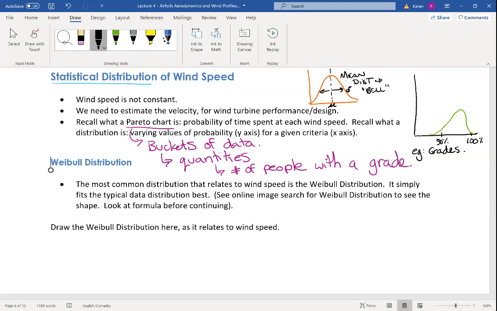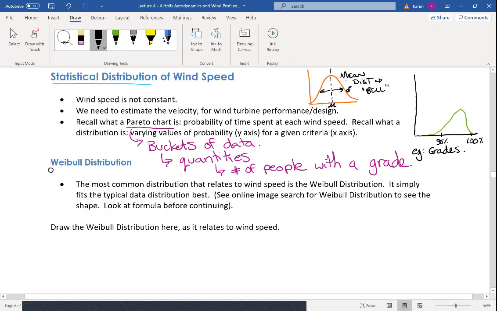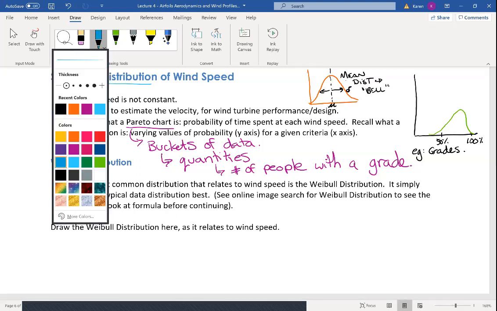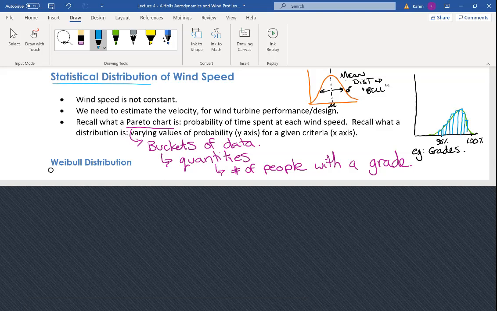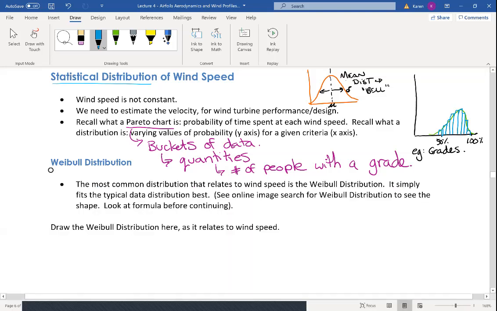Now, I want to talk about what that curve actually means. What is on the y-axis? Well, what the y-axis is actually is a summary of these buckets. So what are these buckets that I'm drawing?